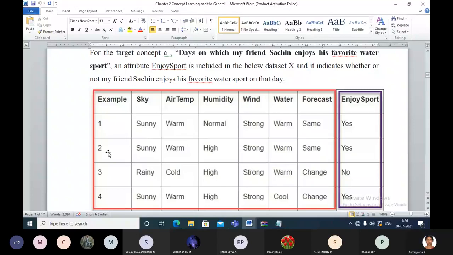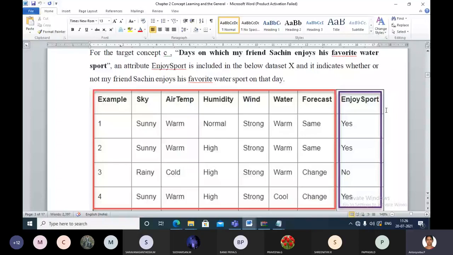These x1, x2 are not columns. Okay. These are the tuples, the data points. This is x1, this is x2, this is x3, and this is x4, and you have attributes. Okay. And if it is sunny and warm and strong and warm and same, then the dependent variable says that he can enjoy sport. So totally how many possible instances are there? 3 positive instances, one negative instance there.